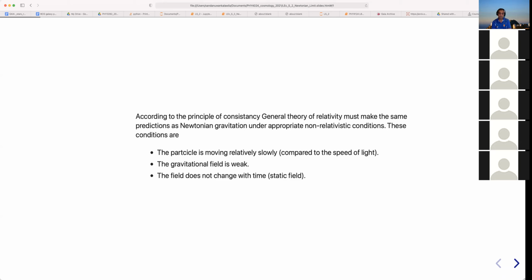Right? So what we are considering for the Newtonian theories is that the particles are moving relatively slowly, which means the speeds are smaller compared to the speed of light. Right? So everybody knows this.